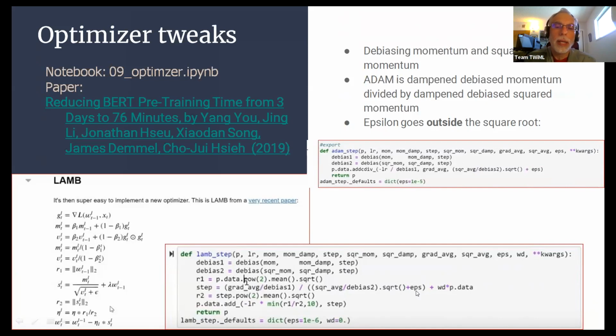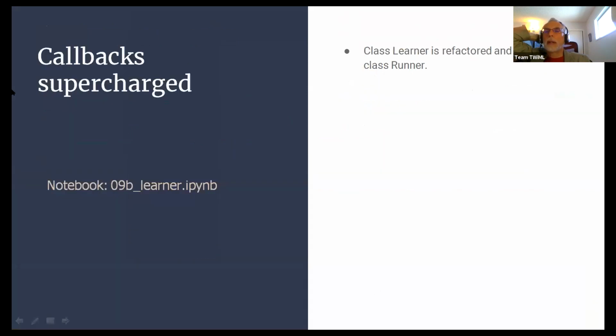Here's what he says: in LAMB, EPS should be 1 times 10 to the minus 6. But there was a big kerfuffle during the lecture because Jeremy thought that the EPS should go inside the square root. In other words, you add up all the squares of the gradients, debias them, and then add epsilon, so the epsilon would be added right here.